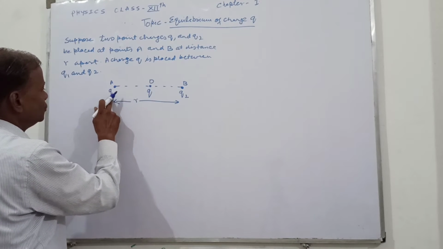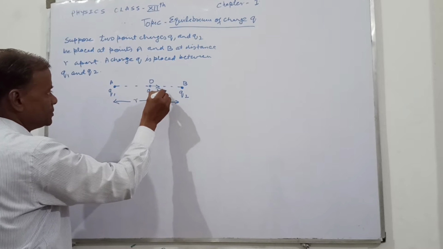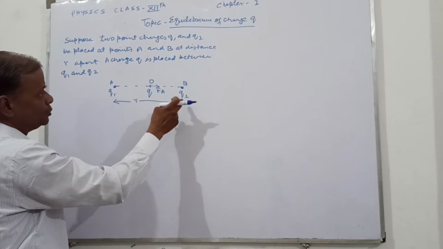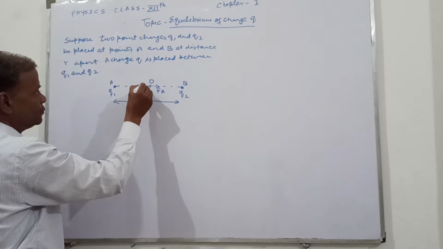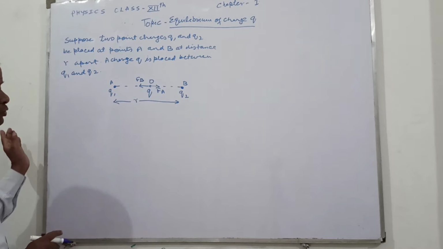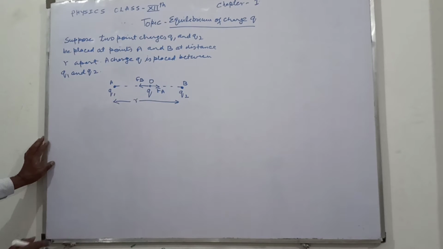So the force due to this charge Q1 on this charge Q will be in this direction. This is Fa, and the force on Q due to Q2 is like this. This is Fb. Both will repel charge Q.